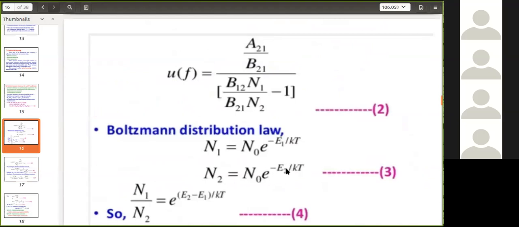Now, if E1 is less than E2, E2 मतलब higher energy state.